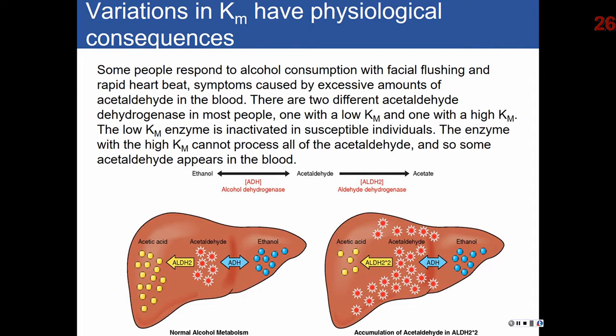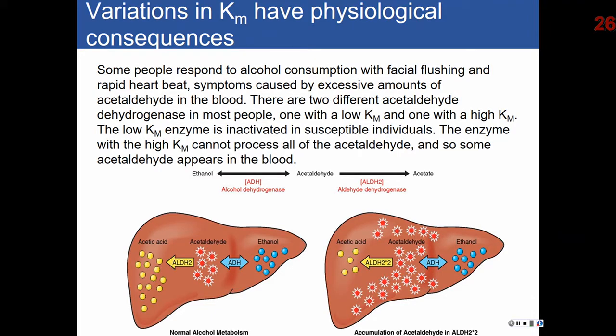In some people, they respond to alcohol consumption by facial flushing and rapid heartbeat, symptoms caused by excessive amounts of acetaldehyde in the blood. So why would they have acetaldehyde in the blood? The reason is that there are two different aldehyde dehydrogenases, one with a low Michaelis-Menten constant and one with a higher Michaelis-Menten constant.